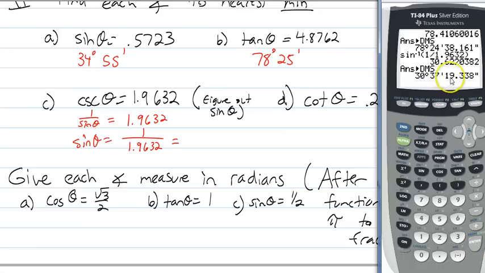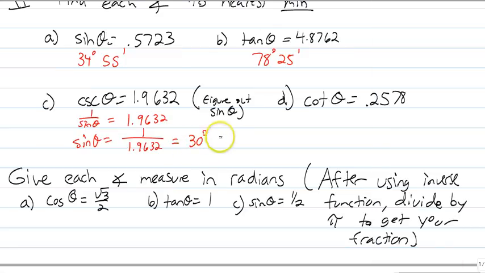This time we do not round up. If you look, it's 30 degrees, 37 minutes, 19 seconds. 19 seconds does not round up. So we get 30 degrees, 37 minutes. Cotangent's the same thing as 1 over tangent. So if we flip that around, tangent is equal to 1 over 0.2578.